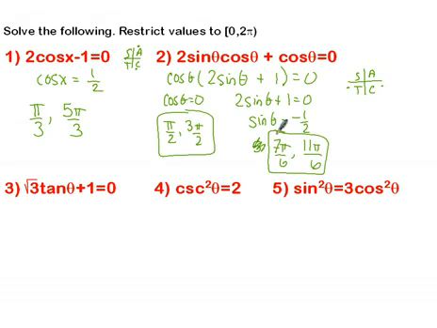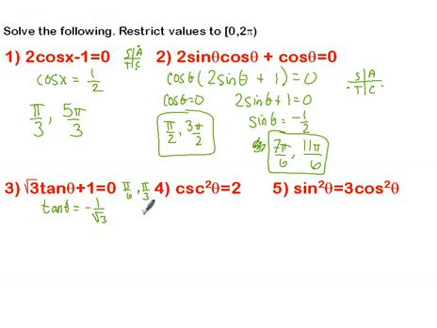Alright, moving down to number 3. This is very similar to the example above. We're going to subtract 1 and then divide by root 3. So I'm going to have tangent of theta is equal to negative 1 over the square root of 3. Now this is a little tricky because when you're dealing with root 3's and tangents, that's either at pi over 6's or pi over 3's.